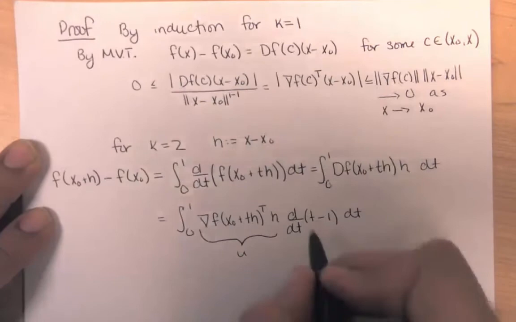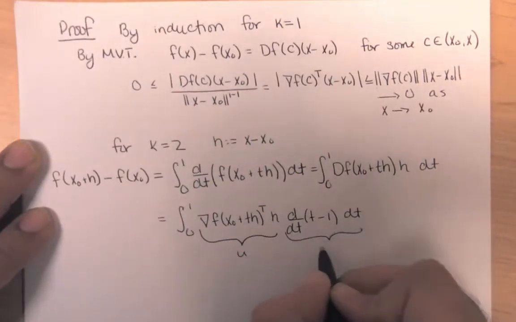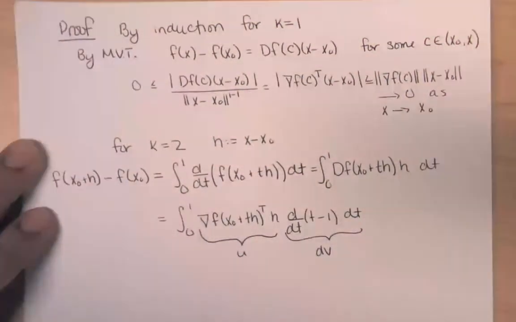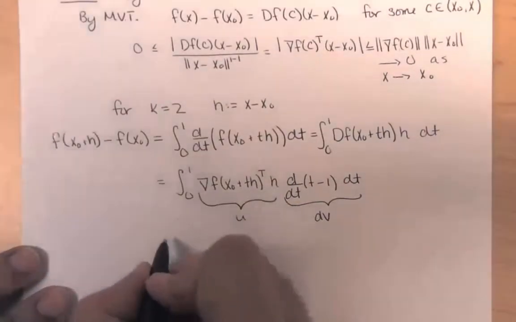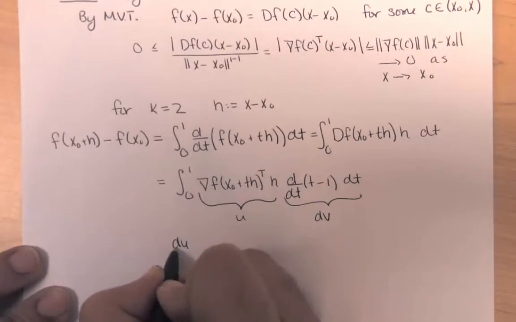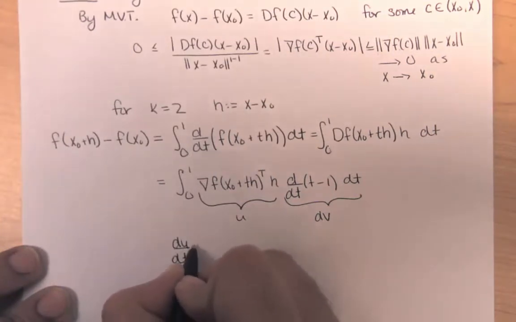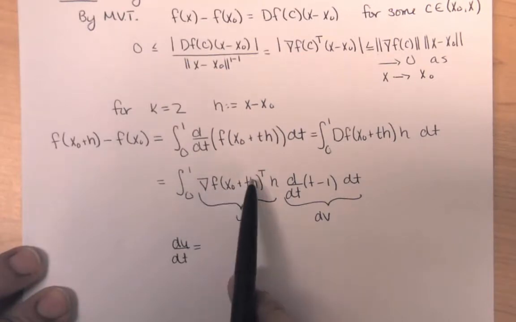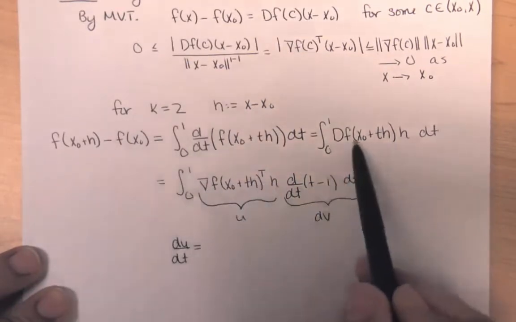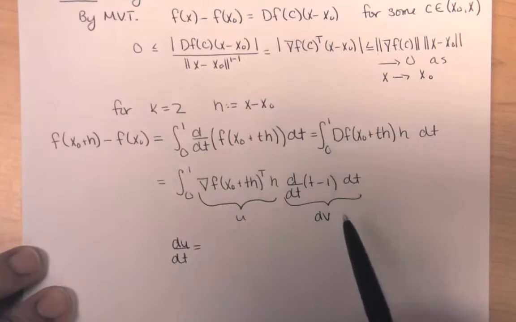We'll let this be u. We'll let this be dv. The derivative of u with respect to t is equal to, remember, the gradient of f transpose times h. That's the derivative of f.